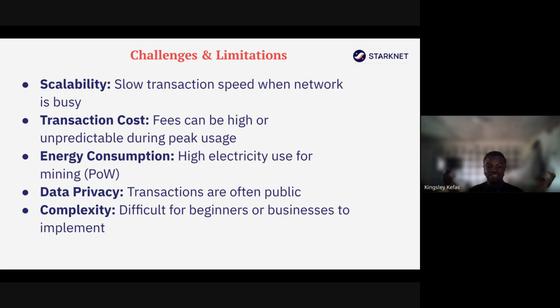Next is complexity. This is like the major problem users usually face, especially newcomers. Someone who has no knowledge of the blockchain, no knowledge of what a wallet is, finds it very difficult when he tries to interact with the blockchain. It is very complex. Till date, at some point, I still find it complex, especially in the aspect of DeFi. There are a lot of complexities there.